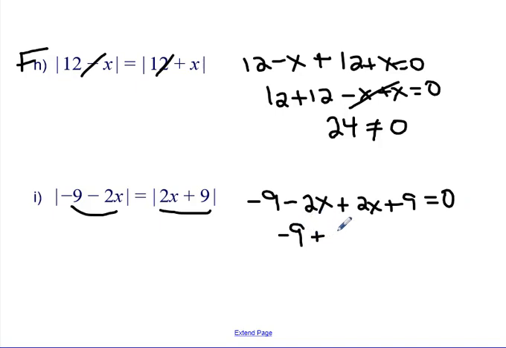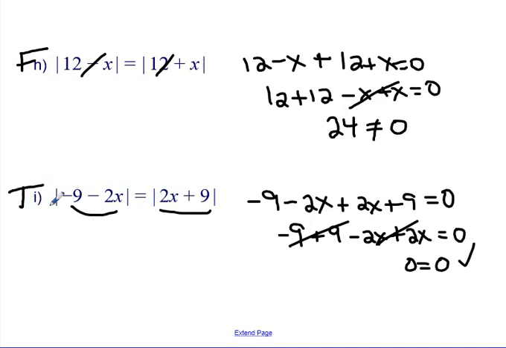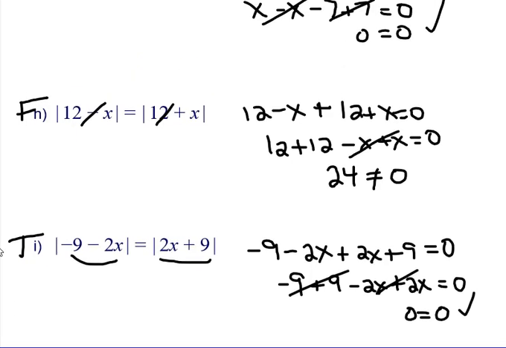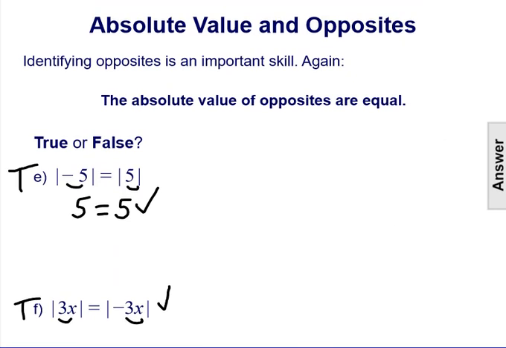Well, negative 9 plus 9 is 0. Negative 2x plus 2x is 0. 0 equals 0 is true. So these are opposite expressions, so their absolute values are indeed equal, making that true. So testing that property is testing if the inside of the absolute value is truly opposites.